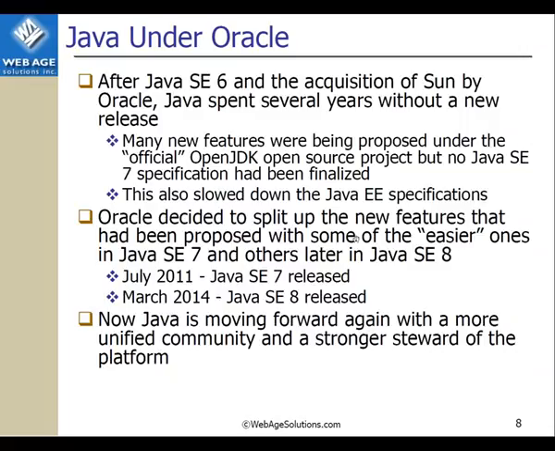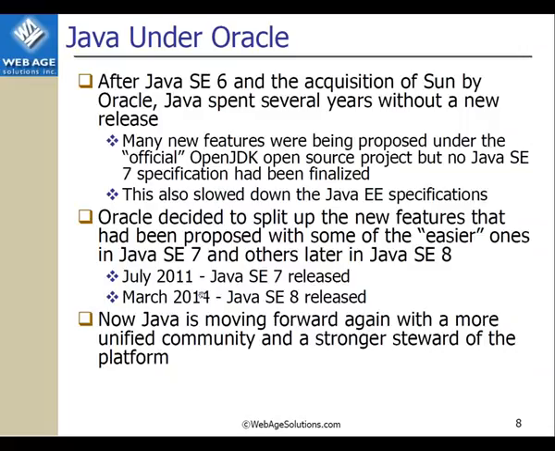Oracle decided to split up these new features that were kind of being collected in the OpenJDK project. And the idea was, well, we'll take some of the easier ones, quote unquote easier ones, in Java SE 7 and just kind of get those out there and get people used to them. Now let's keep working on some of the other ones, right? So some of the other ones would be later in Java SE 8. Like it says here, it's about 2 years now since Java SE 8 was released, right?